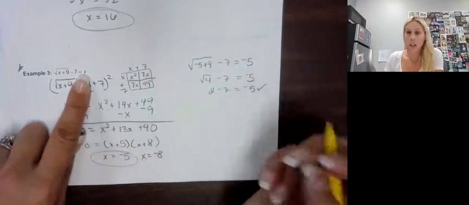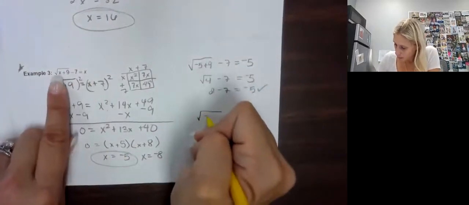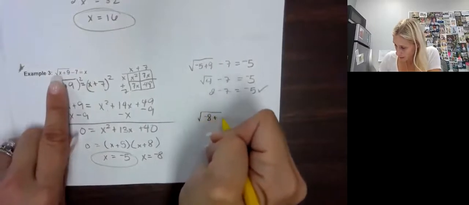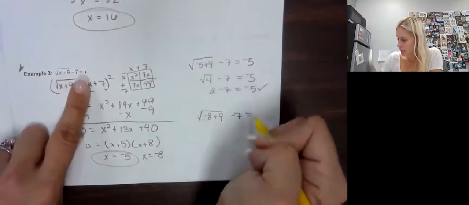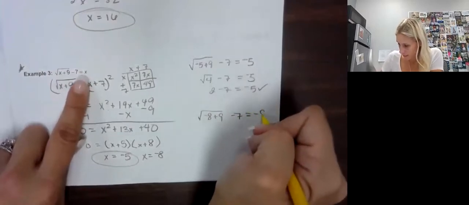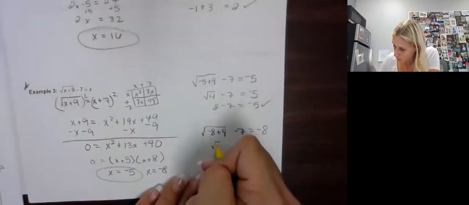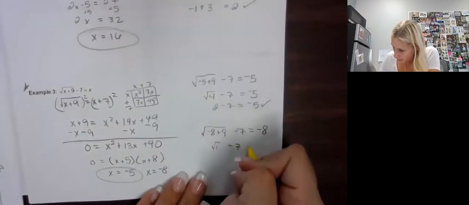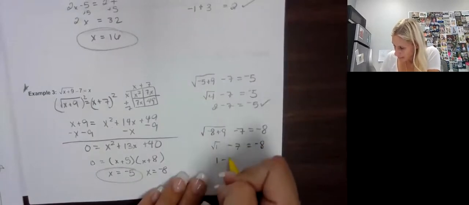Now let's check our -8. Square root. So it's -8 plus 9 minus 7 equals. Now it's supposed to be x. So our x in this case is -8. So we get the square root of 1 minus 7 equals -8. 1 minus 7.